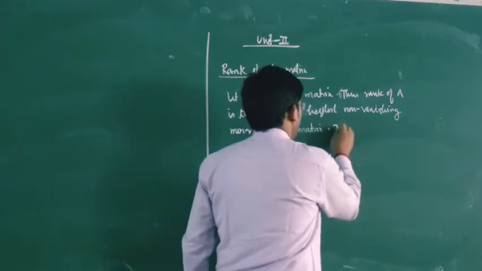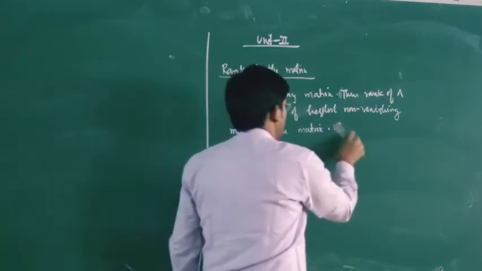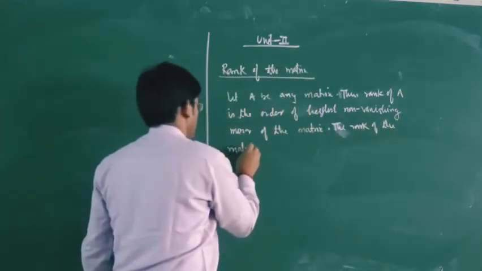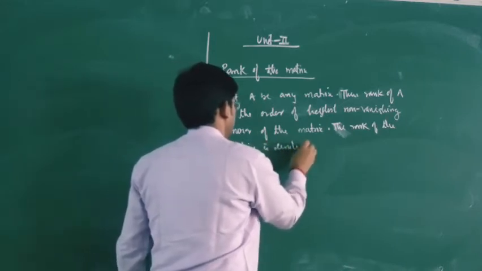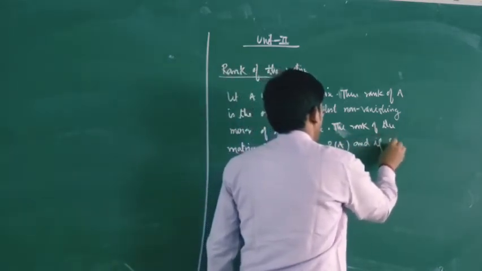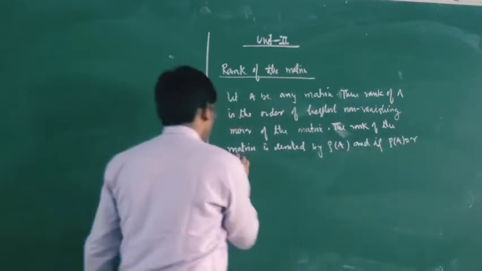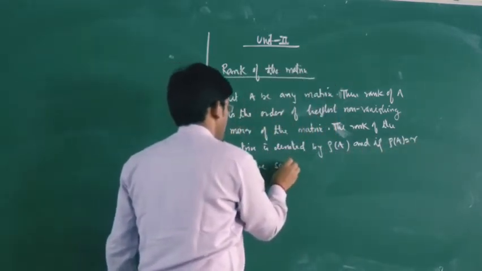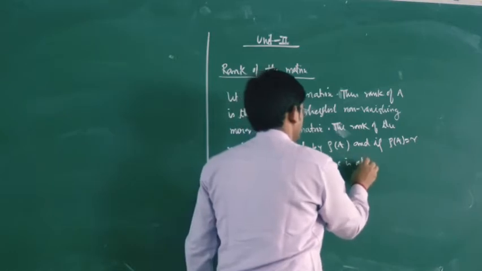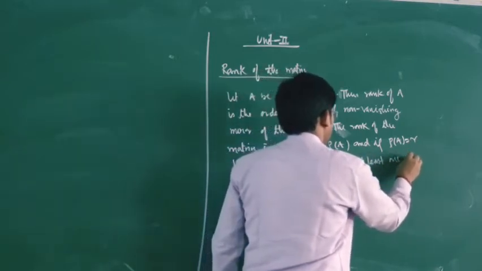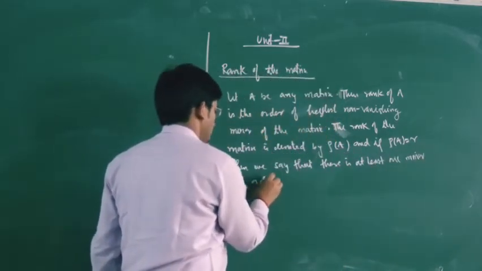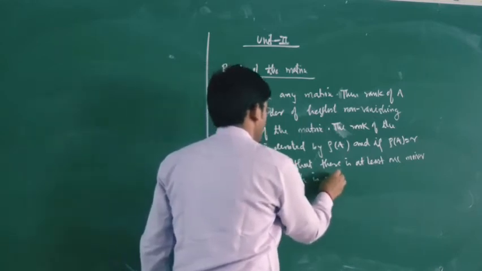The rank of the matrix is denoted by rho of A, and if rho of A is equal to R, then we say that there is at least one minor of order R which is non-vanishing.